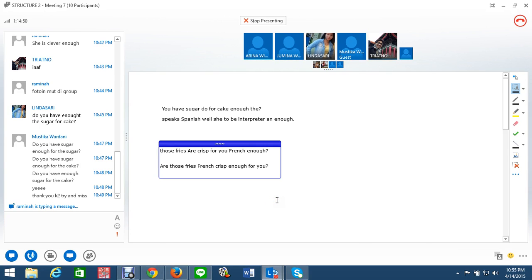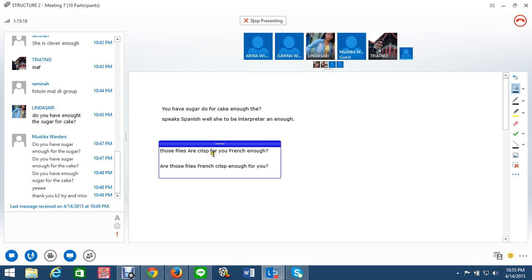That's why I have said before, there are two possibilities. Ada kemungkinan dua yang menjadi subjek di sini. Pertama, those fries, yang kedua you. Kalau kalian sudah menemukan subjek pertama, berarti you ini it should be object, atau pelengkap.